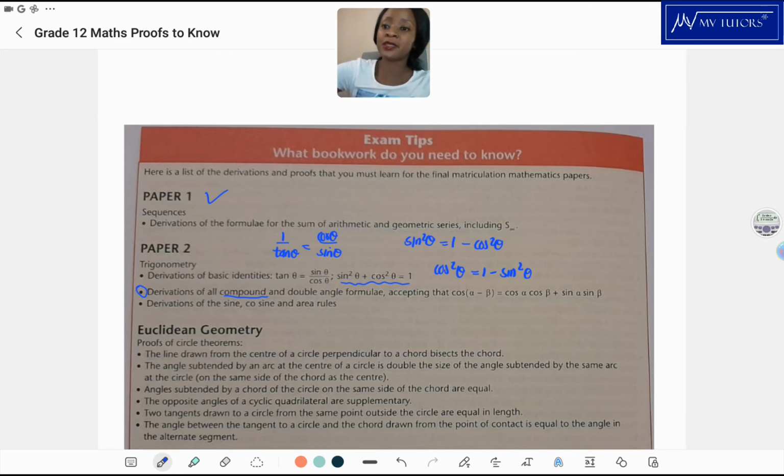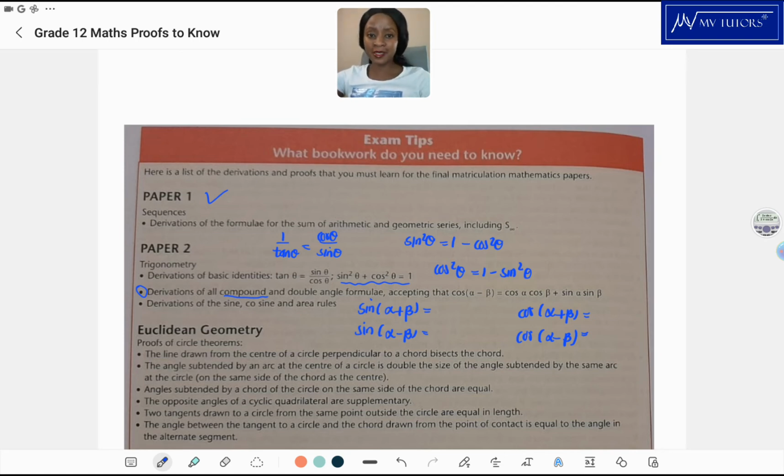So the compound ones are those where we have sine alpha plus beta, sine alpha minus beta, and then cos alpha plus beta, and cos alpha minus beta. Basically just know them, recognize them.